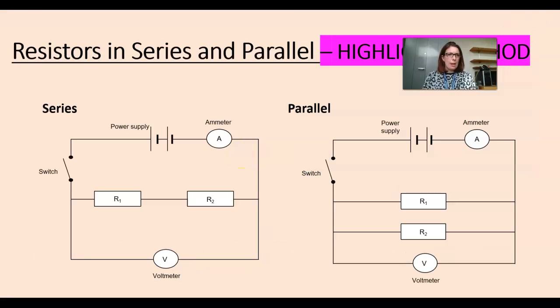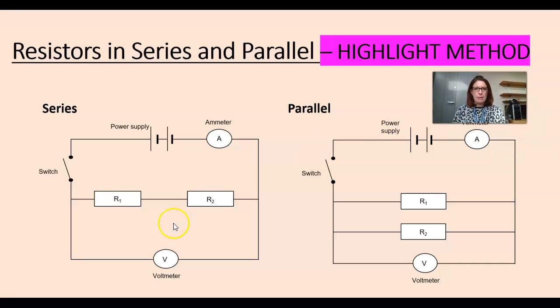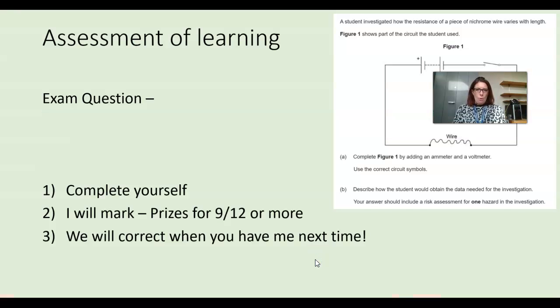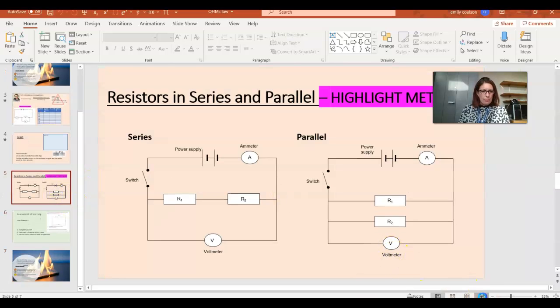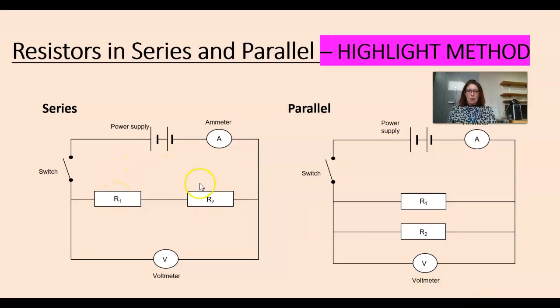We then did the second part of the practical, which is where we had some resistors in series and parallel. So we had 2 10-ohm resistors in series like this, next to each other, and we measured the voltage and the current. And then we had them in parallel where they're on top of each other like this, again measuring the current and the potential difference. What we found was that the overall resistance for the series circuit, 10 ohms plus 10 ohms, was 20 ohms.